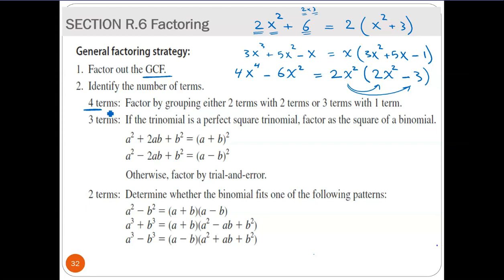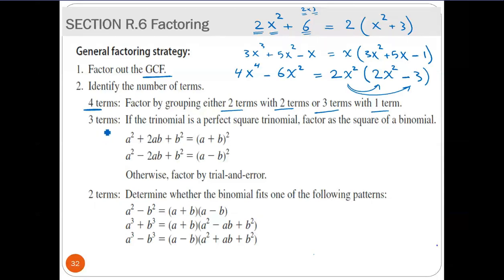So if you have 4 terms, we can make a group of 2 terms and another group of 2 terms, or 3 terms with 1 term. We have an example for this after we finish explaining the factoring.